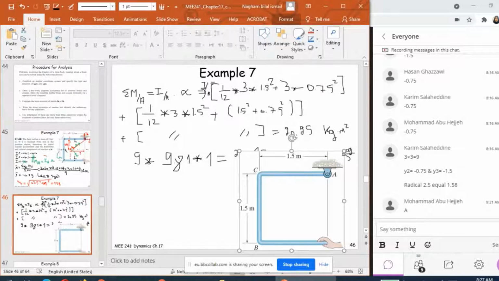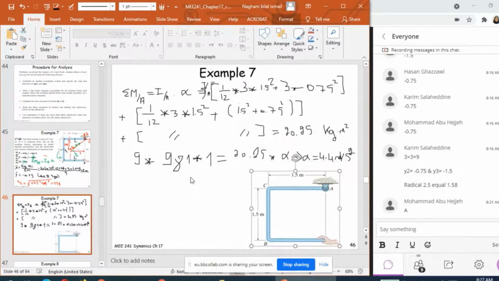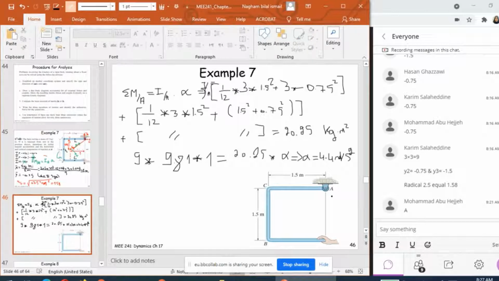So let's state our free body diagram. As I said, this is Ax. Assume that this is the positive direction. And this is Ay. I know that this is G. Now G is located at 0.75 here and at 1.